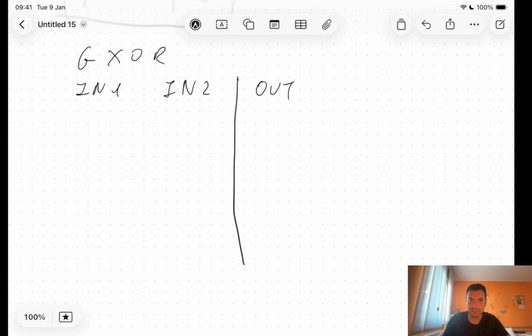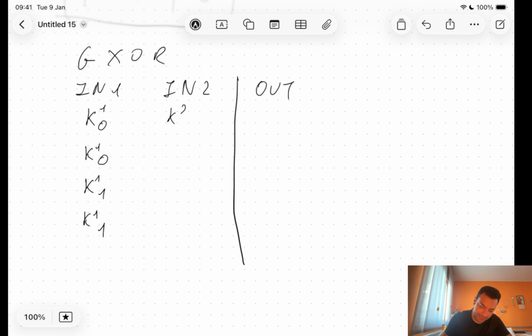Instead of 0 here, you have the encoding of 0. Here you have the encoding of 0, here the encoding of 1, and here the encoding of 1. I say key because it's a key, and since we are talking about input 1, we put a 1 up.